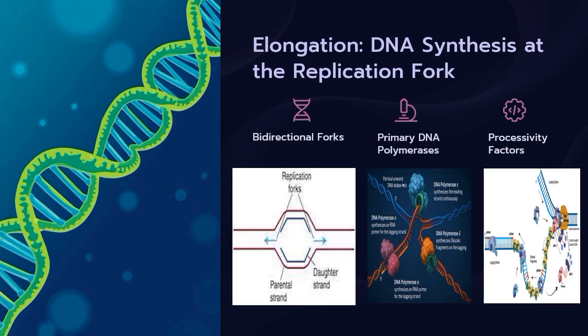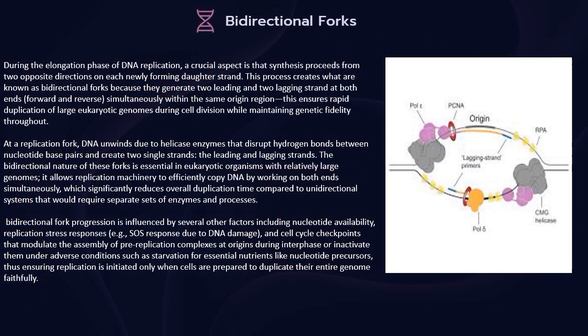During the elongation phase of the DNA replication process, a crucial aspect is that the synthesis proceeds from two opposite directions on each newly forming daughter strand. This process creates what are known as bidirectional forks because they generate two leading and two lagging strands at both ends, that is forward and reverse, simultaneously within the same origin region. As you can see in this figure, this is what we call a replisome or replication bubble.